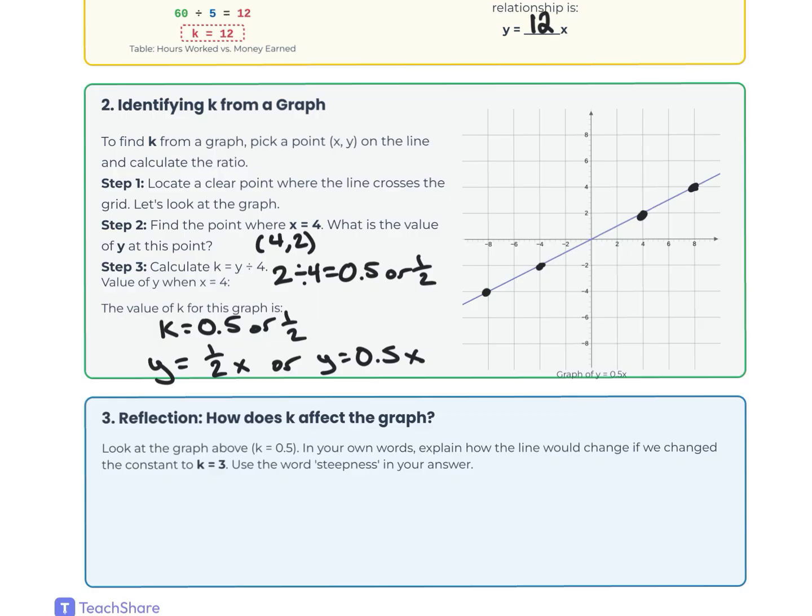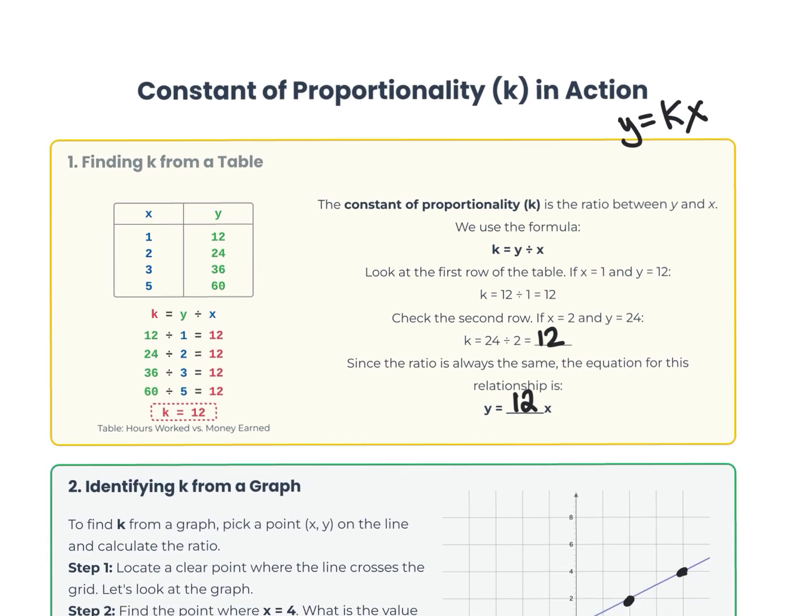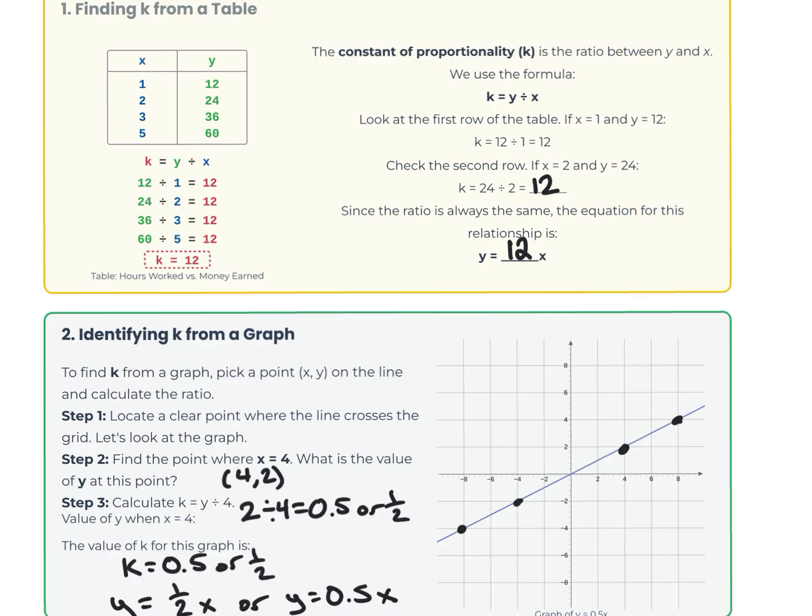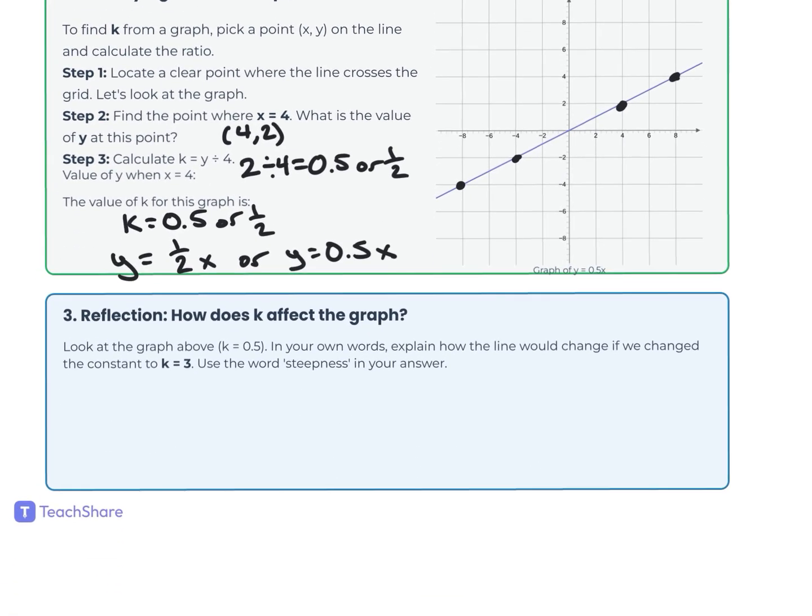So one last thing to look at is how the k affects our graph. If we went back to the previous page and looked at that y equals 2x, and then here we have where our k value is only 1/2, hopefully you notice that, for example, if it was k equals 3, it would mean that we're making, for example, $3 per hour, whereas if it was 0.5, we're making like 50 cents per hour if you're using the same context.